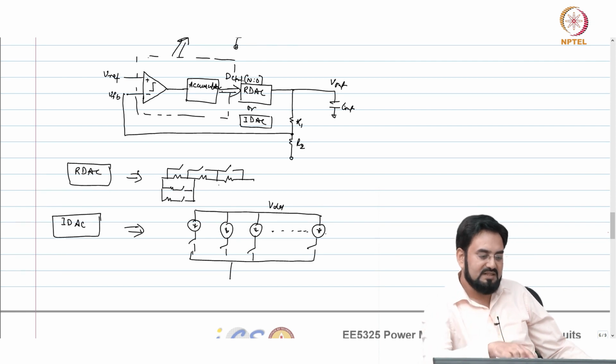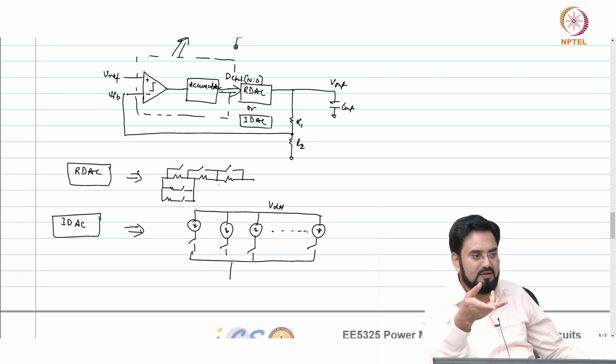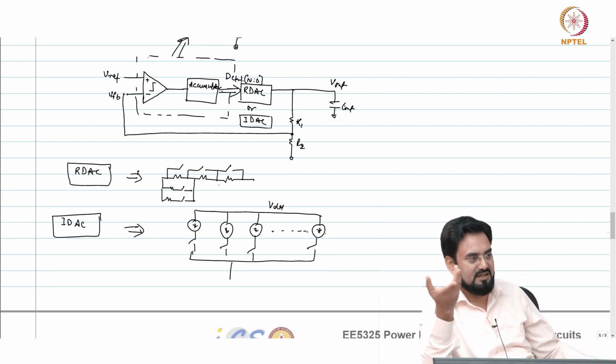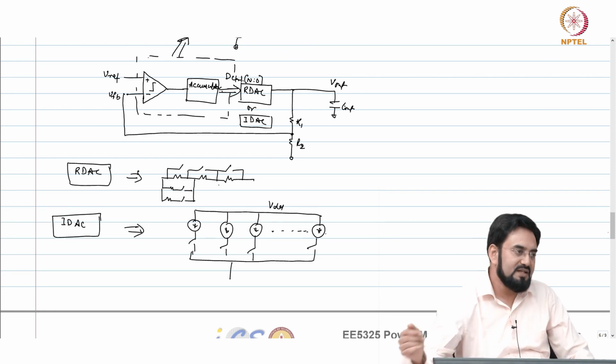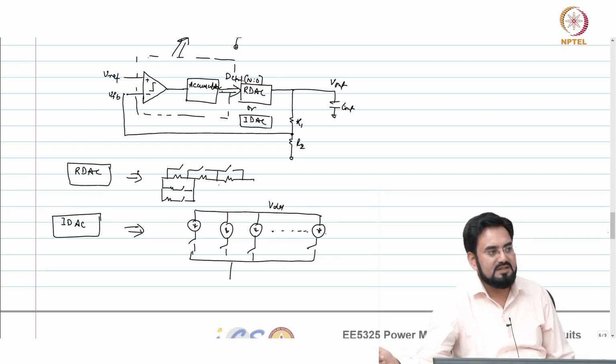One advantage with the resistive DAC is you can operate your LDO at very low dropout voltage, because it's already in linear, so it doesn't matter what the dropout is. But this will go in linear if you operate below a certain voltage.